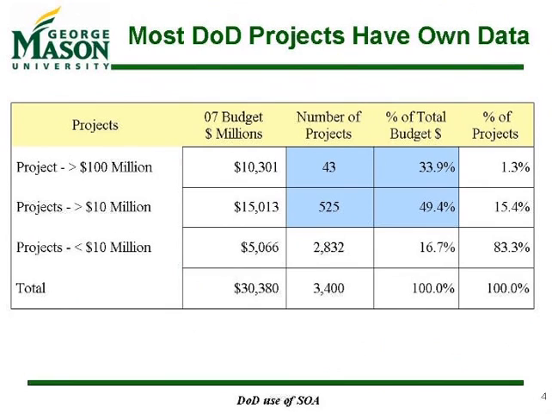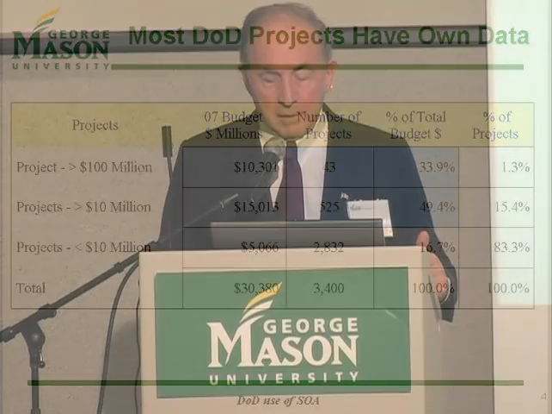It is in the order of $25 to $28 billion a year from now on, and involves a large number of projects. Let me also comment about the 2,832 projects which are below 10 million.